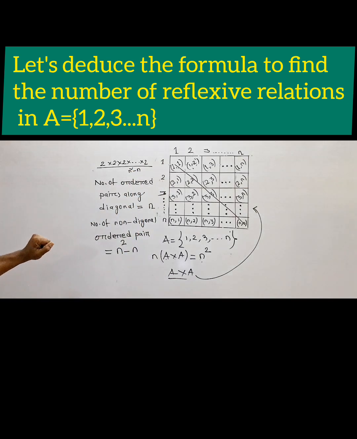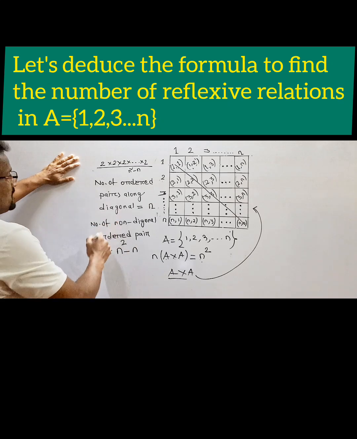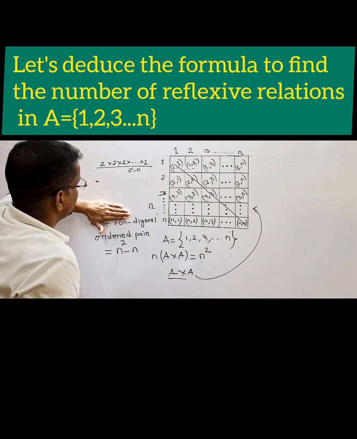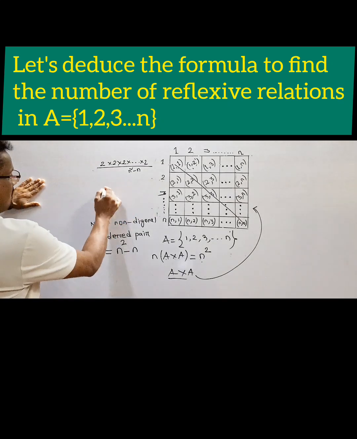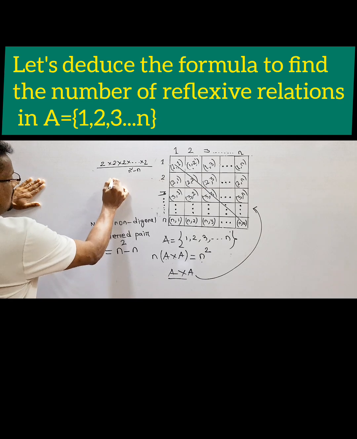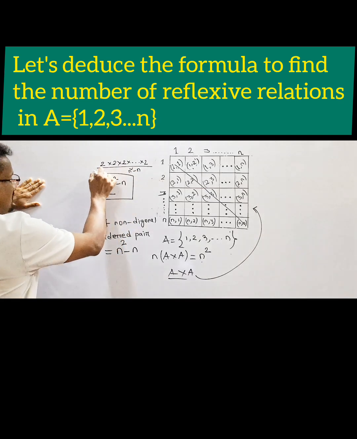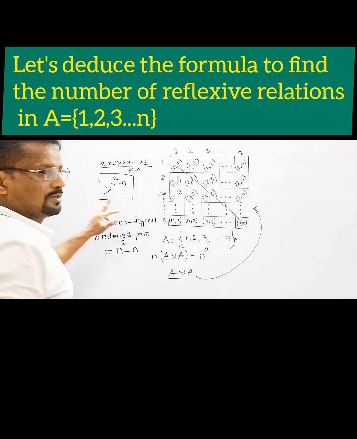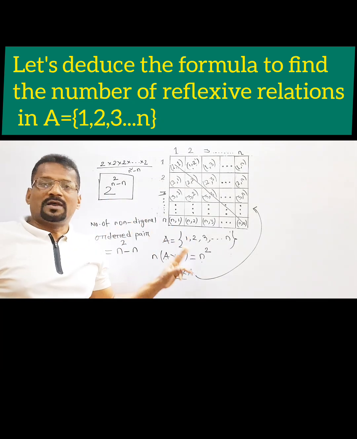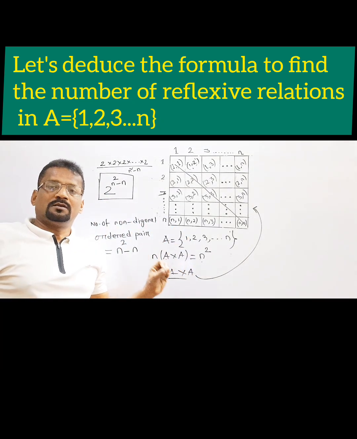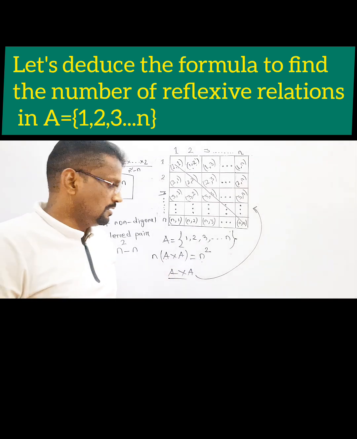Then by the fundamental principle of counting, the total number of relations will be 2 to the power n square minus n. This is the formula to find the total number of reflexive relations.